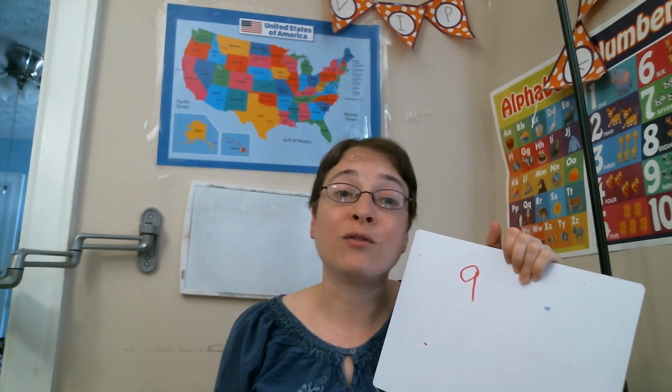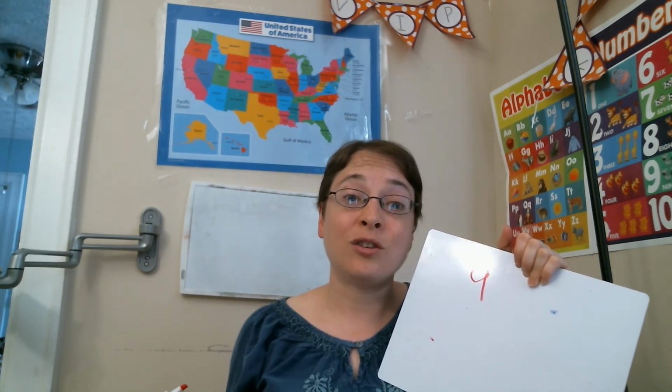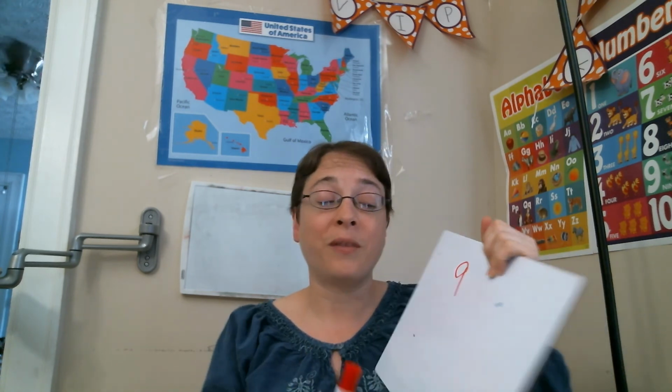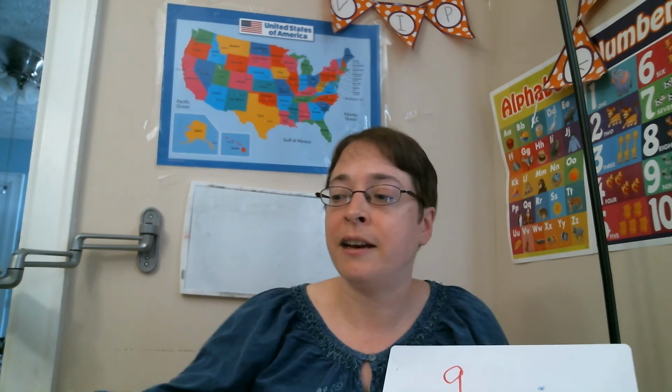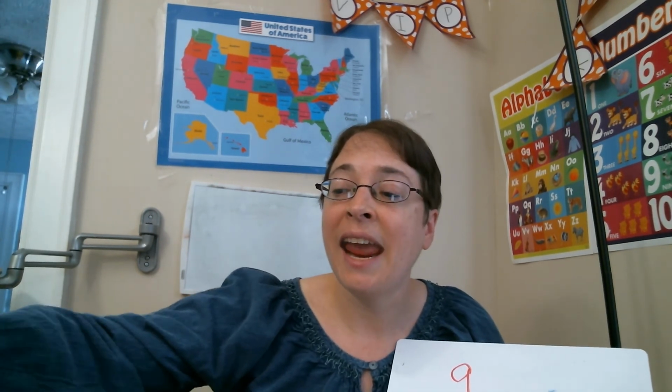So you can tell stories to people in your home. So let's pretend that you had 9 animal toys. Some were lions and some were zebras. So can you make a story where you have 9 animal toys?